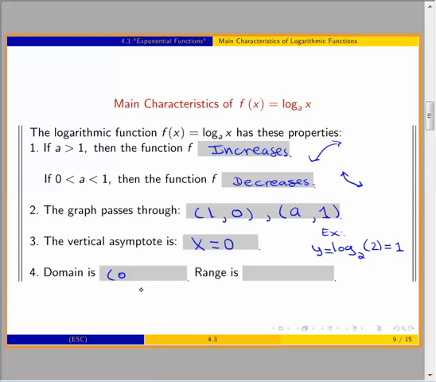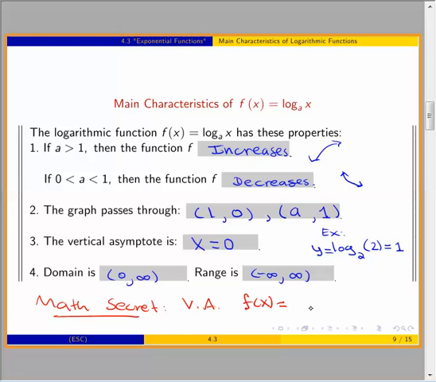But something you guys, let me give you guys a math secret. When they ask you to use transformations, then you want to remember the vertical asymptote. Let me remove this.